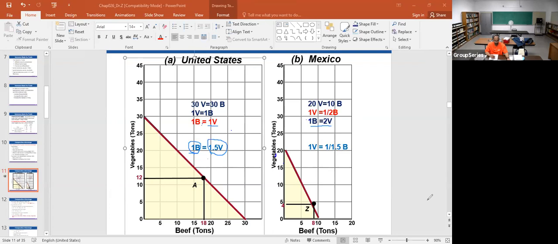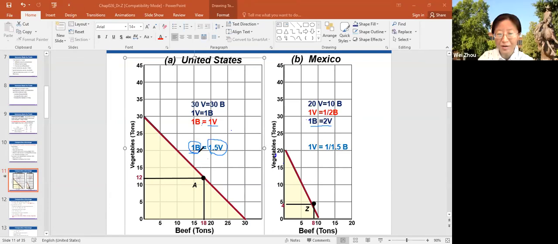Okay, so let's look at the trade. The US only focuses on beef and sells beef, exchanging for 1.5 vegetables each. How many beef can I produce at maximum? 30. So if I sell all my beef, one beef buys 1.5 vegetables. Then with 30 beef, how many vegetables can I buy?